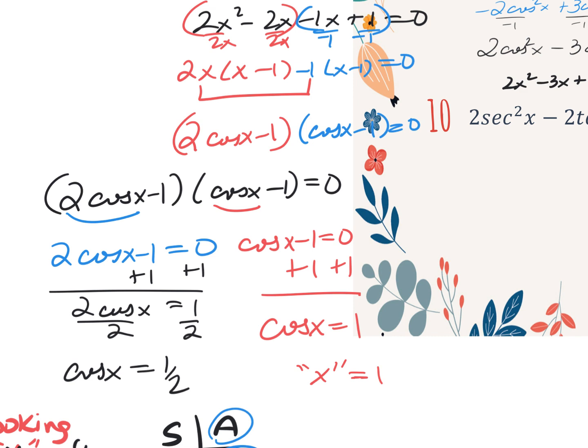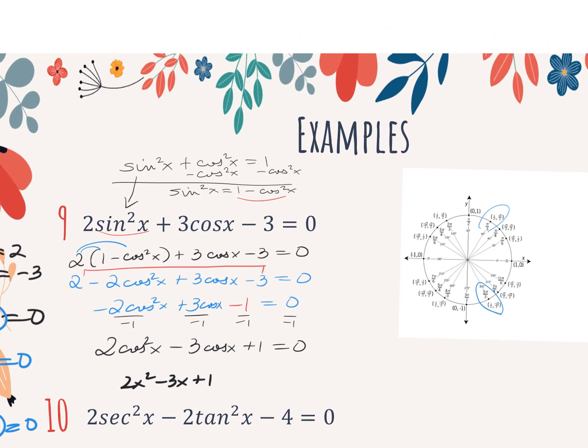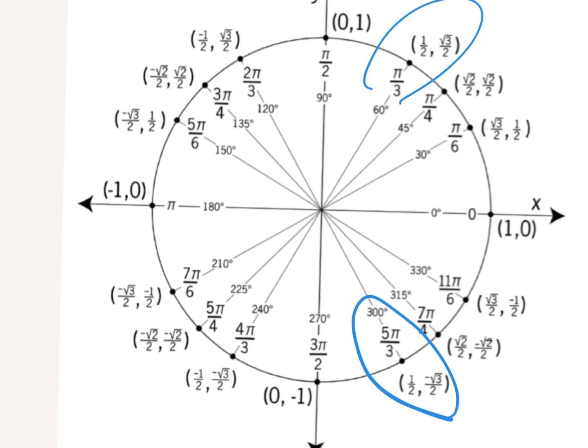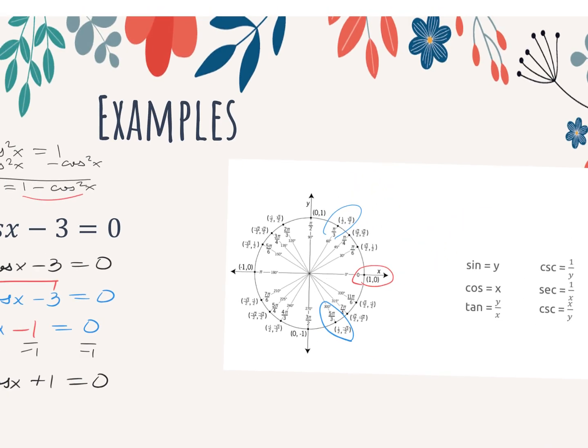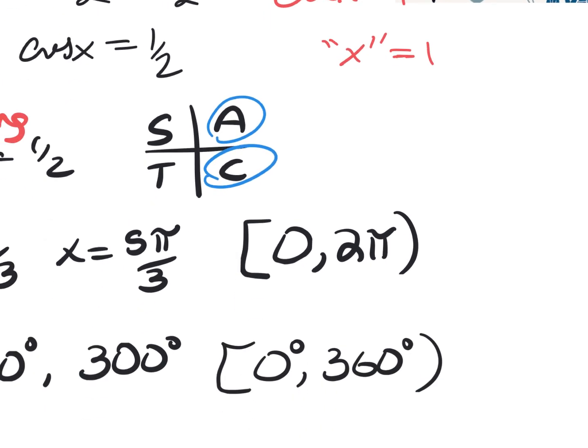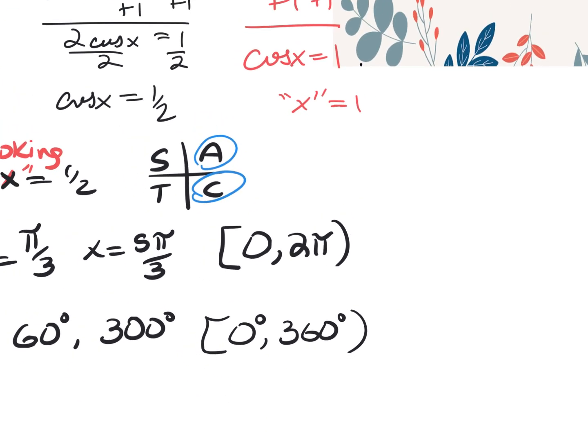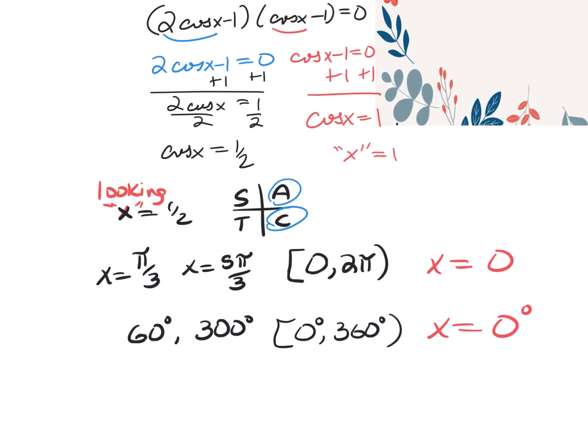So if I go over here and I look to see where my x value is a 1, go to my unit circle here, and you can see that it's going to be right here at 0 degrees and 0 radians. So for the other answer, x is going to be 0 radians, and if it said in degrees, 0 degrees.